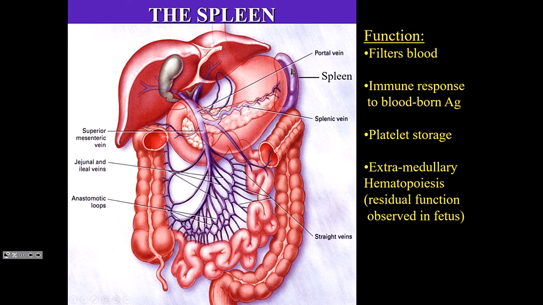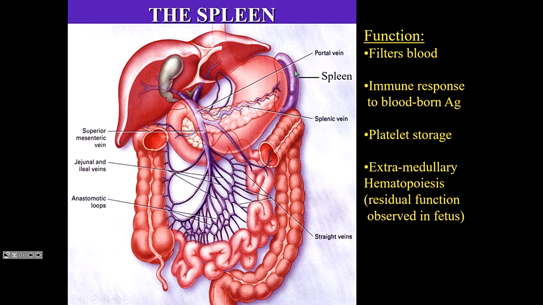It also plays a role in an immune response because in addition to red blood cells, you've got lymphocytes in there that are undergoing immune surveillance. Because it's so large, it's also thought of as a storage organ for platelets. Okay, it's storing platelets for a blood clotting response if necessary.